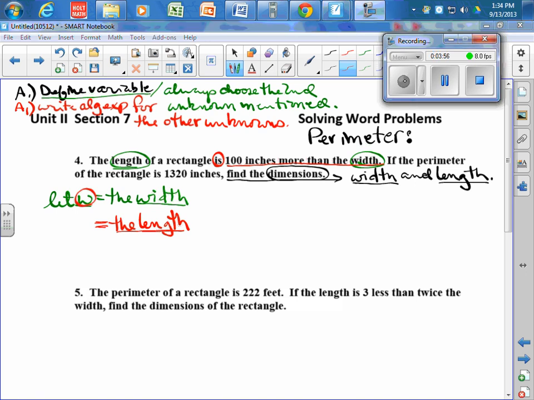So I need an algebraic expression for the length. Well, what does it say about the length? It says the length is 100 inches more than the width.